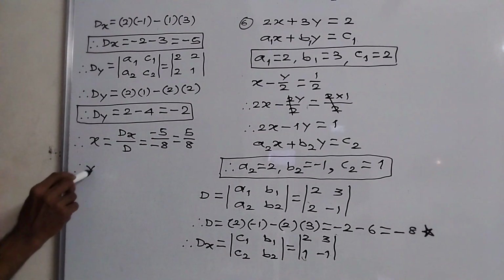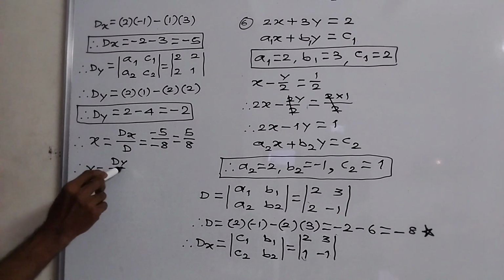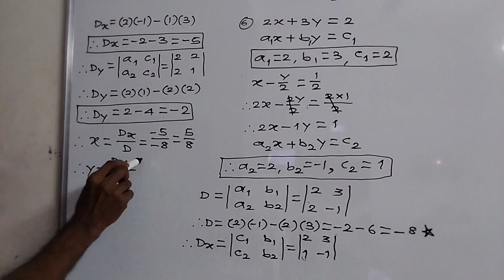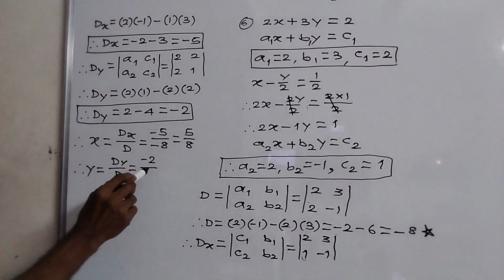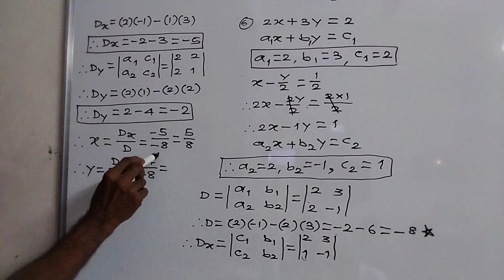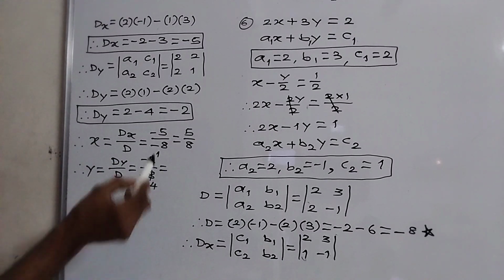Then we find the value of y is equal to dy upon d. What is dy? Minus 2. And d is minus 8. 2 ones are 2, 2 fours are 8, minus divided by minus is plus.